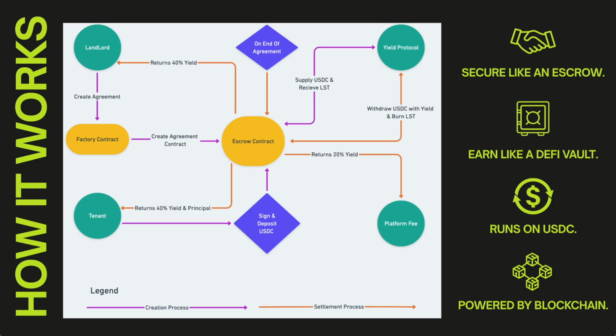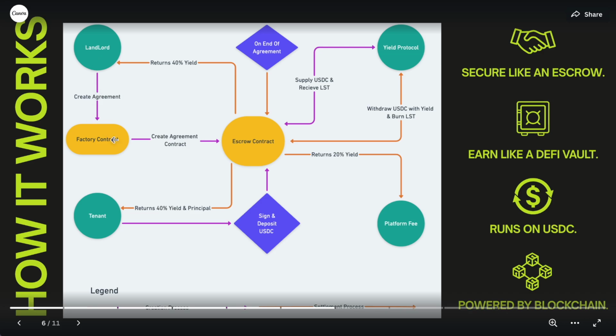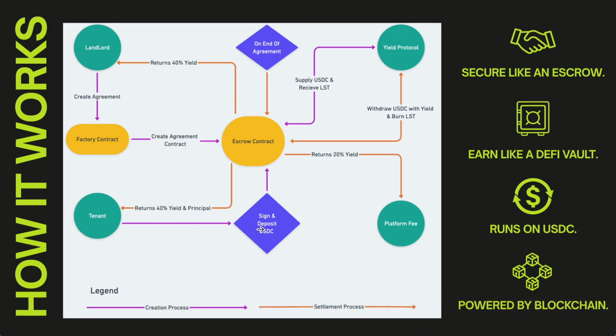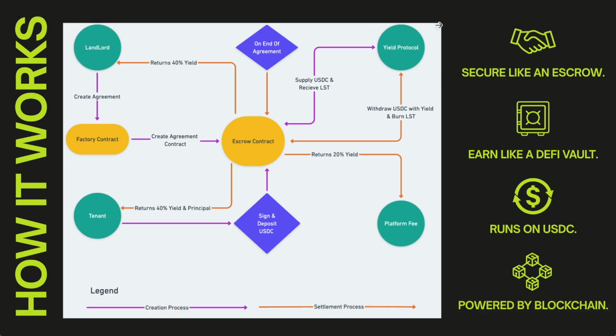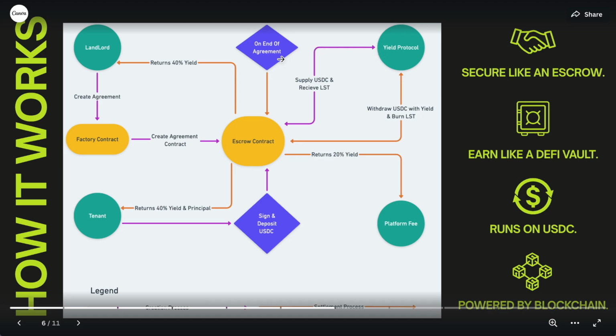And so this is the technical flow of the platform and how it works. First, the landlord creates the agreement through the factory contract, in which the tenant signs and deposits the USDC, from which the USDC goes to the yield protocol, and the escrow contract receives the liquid staking tokens, and the USDC earns the yield.